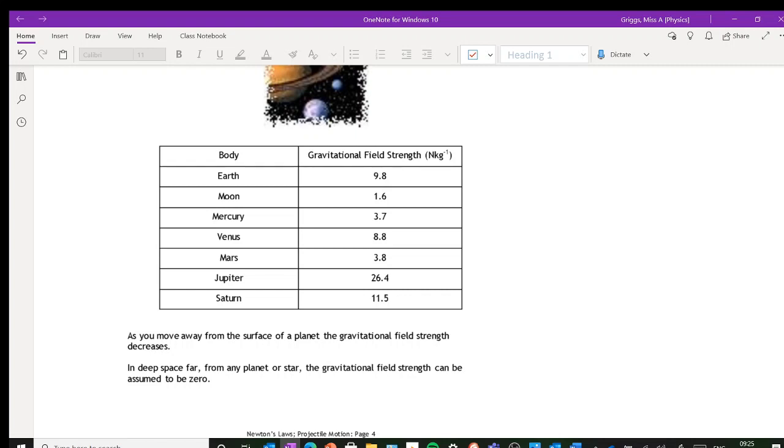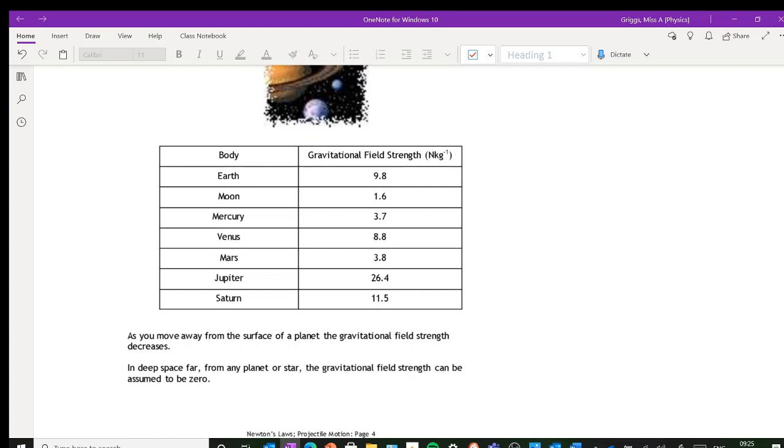So it means you would just be still, because you wouldn't get pulled in either direction. So even you, Finley, have your own gravitational field strength. But you're so small compared to everything that it doesn't really affect anything, and you don't attract anyone towards you.